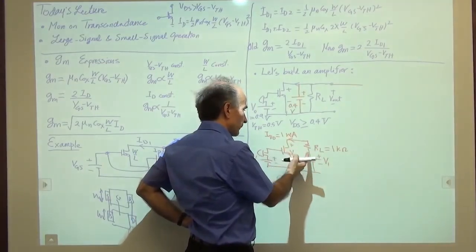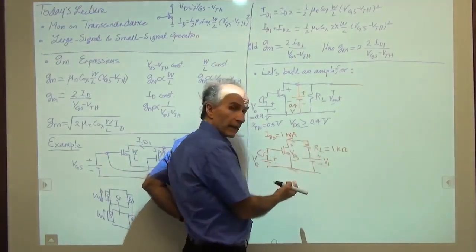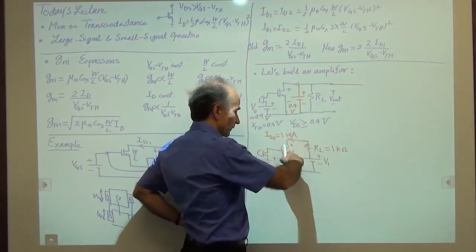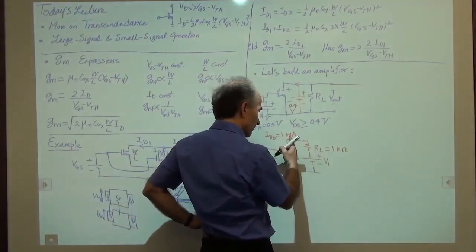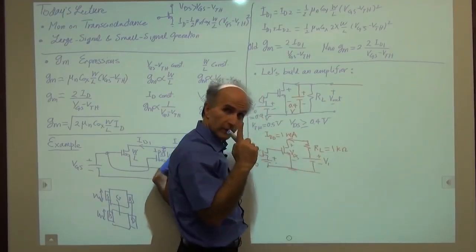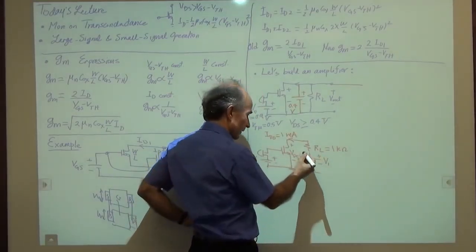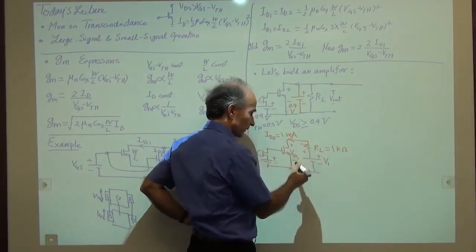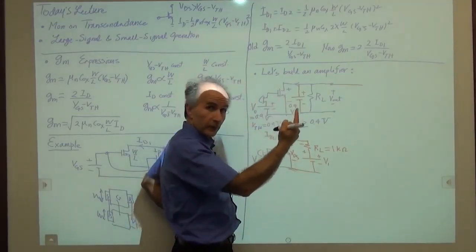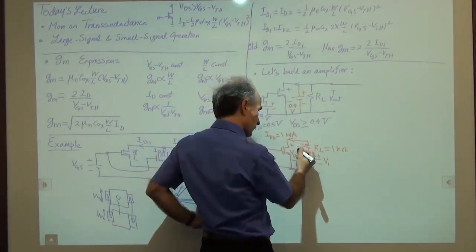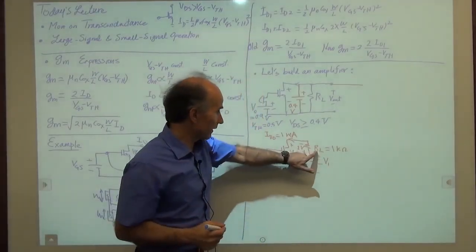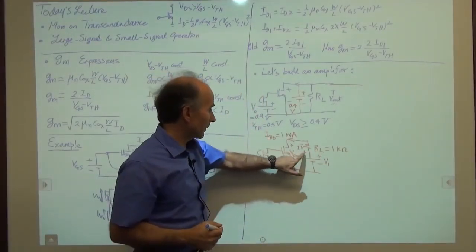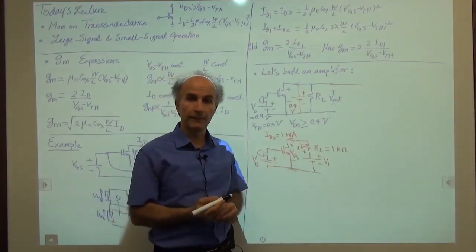Well, 1 milliamp flows upward through RL. Right? It has to go this way through the transistor. So it generates a voltage. 1 milliamp times 1 kilo ohm is 1 volt. But that 1 volt is like this, plus here, minus here, because the current is going upward. So that's 1 volt. So that would be RL times ID0, positive here, negative here.